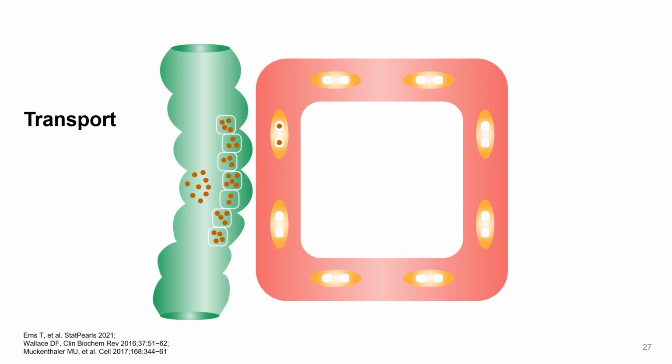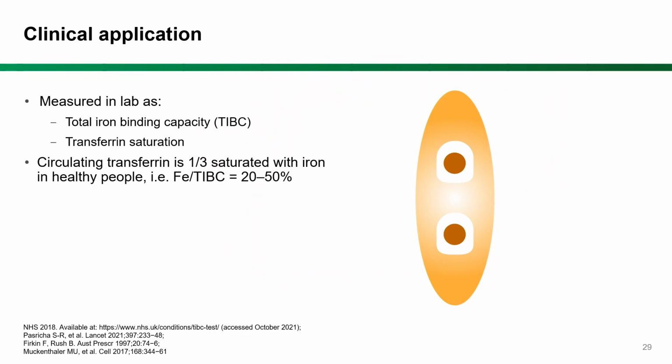Once absorbed through the duodenum into the bloodstream, transferrin carries iron around to the bone marrow where it is needed, and of course to all other places where it may be required. And we measure iron in the circulation or in the transport system as so-called total iron binding capacity or transferrin saturation.